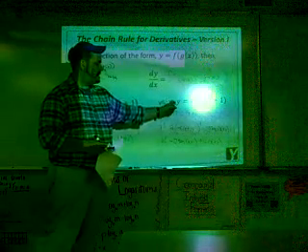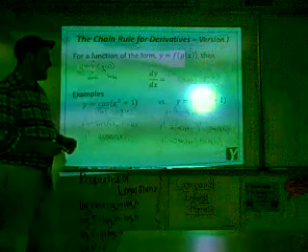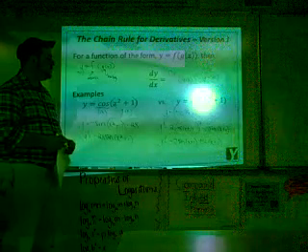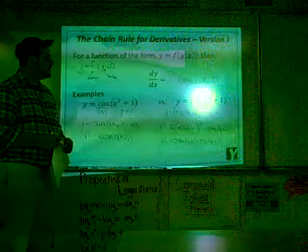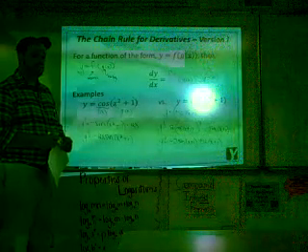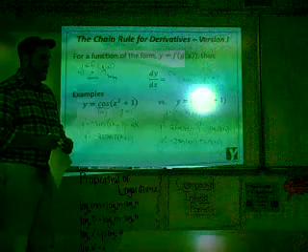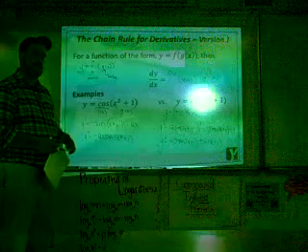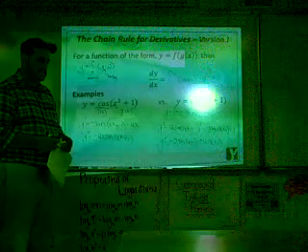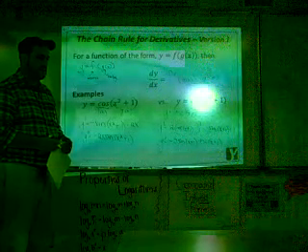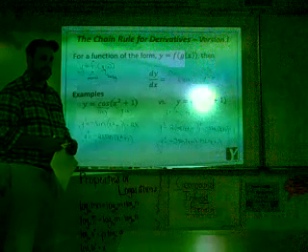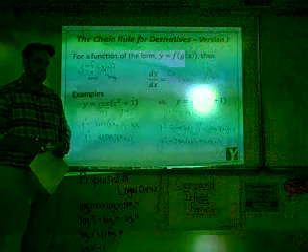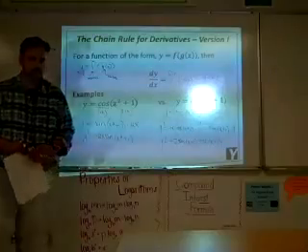You might want to pay particular attention to the second one because we had a chain rule within a chain rule. But before we actually move any further, there is another version of the chain rule that probably has not received a lot of attention this year. I know I haven't given it nearly as much attention as I need to, and it is definitely going to show up on one of the AP problems. So let's look at this other version of the chain rule before we move on.